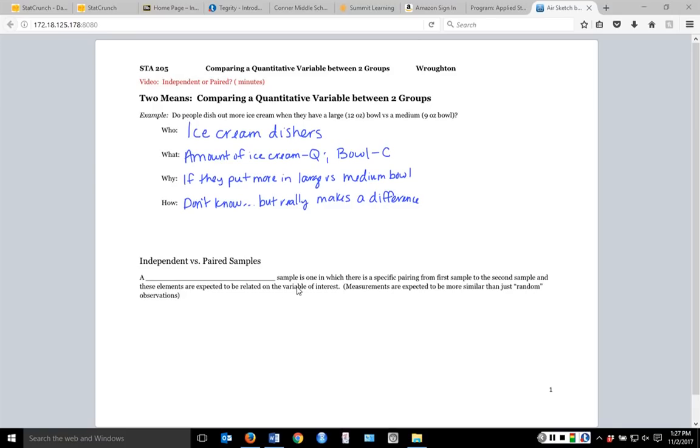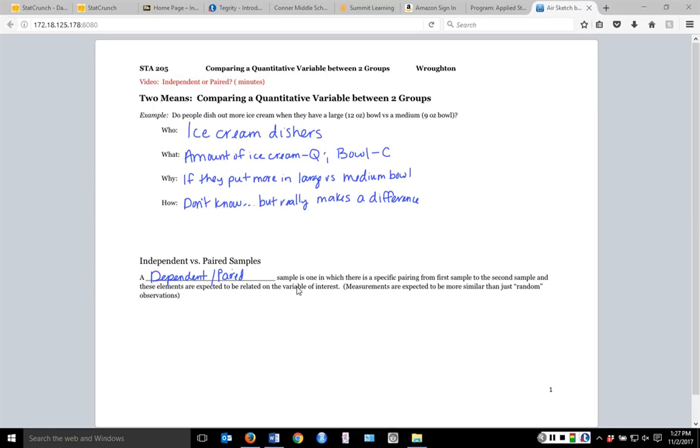So we're first going to start by defining what a paired or dependent sample is. A dependent or a paired sample is one where there is a specific pairing from the first sample to the second sample, and these elements are expected to be related on the variable of interest. That is, their measurements are expected to be more similar than just random observations. So for an example, if I want to see how happy people are in their marriage and I ask them to rate things on a scale from 1 to 10.